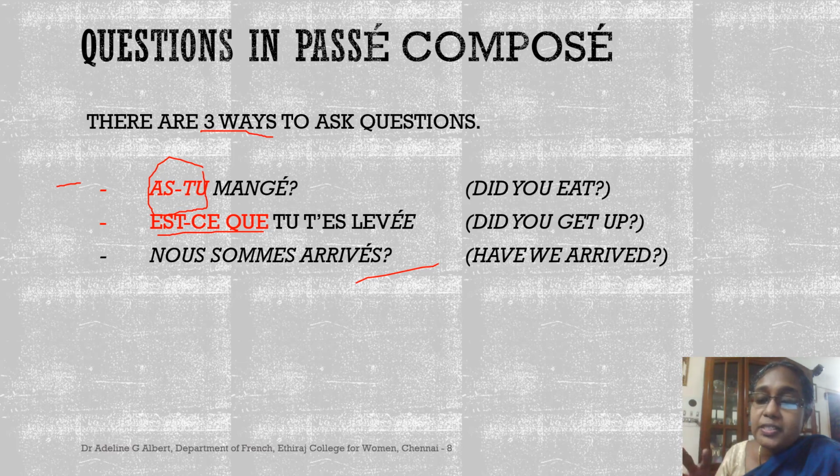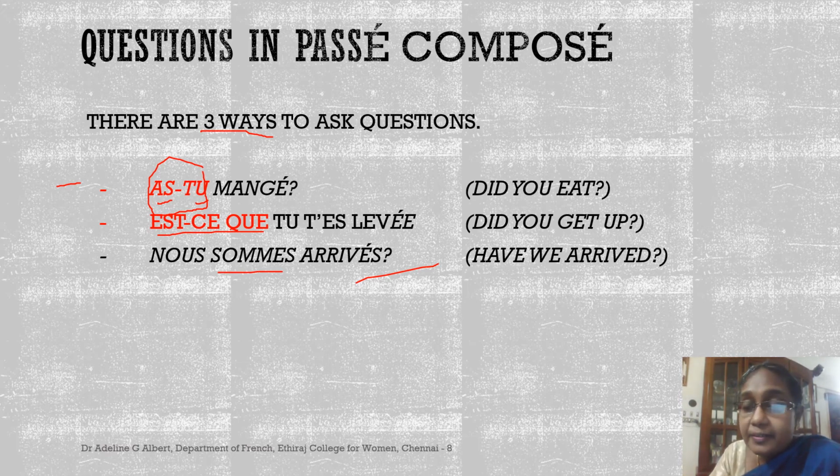So the auxiliary now comes first, hyphen to show it is not in its normal position, and then you have your subject. You don't like that, use est-ce que. Think of your normal sentence and put est-ce que in front of it. Or just use the sound of your voice. Nous sommes arrivés. How do I make this inverted? Sommes-nous arrivés?